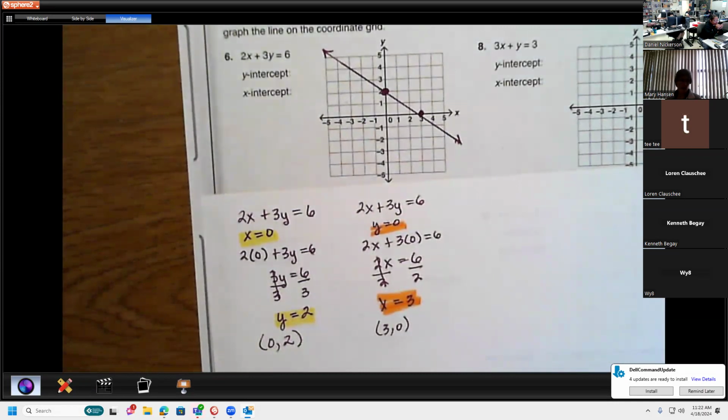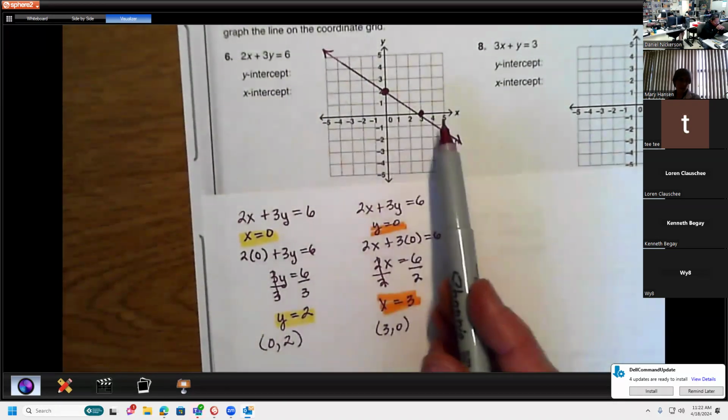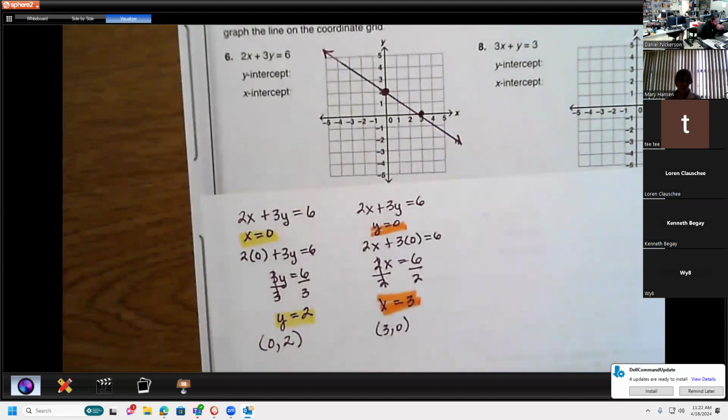And so the way that they would test this would be either to give you a graph and then give you 4 equations, or give you an equation and give you 4 graphs, and you have to match them. And so knowing how to pick out these intercepts and substitute them in is a good skill.